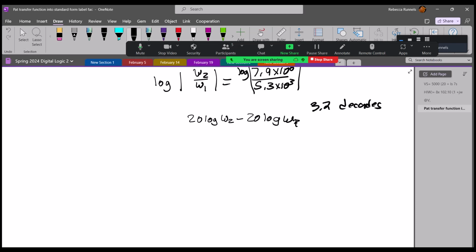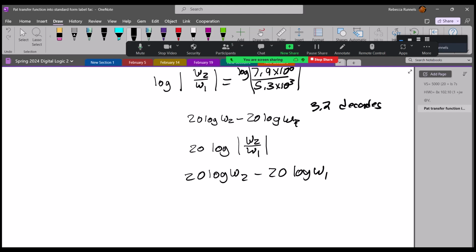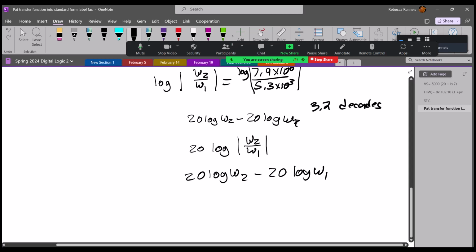But if I had 20 log omega 2 over omega 1, that is the same as 20 log omega 2 minus 20 log omega 1, which is how we, way back when I was in high school, when we had calculators but they weren't sure if this calculator thing was going to catch on, had to look things up in log tables and do this.